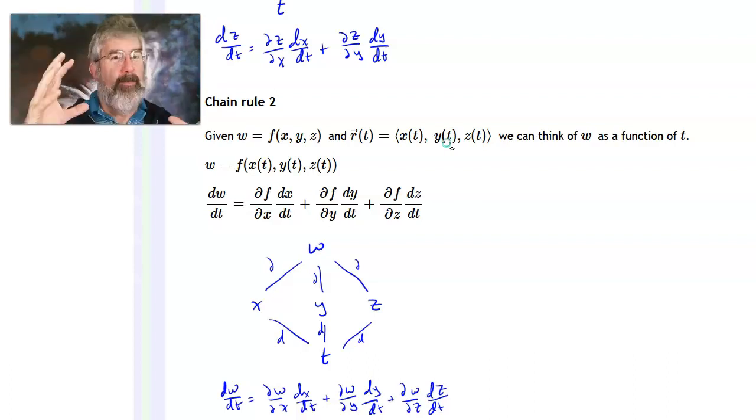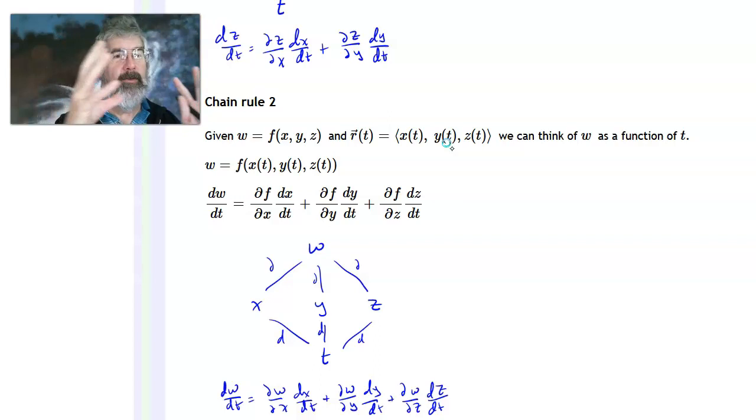This is a function of three variables, but being restricted to a curve in space, and then looking at how it's changing on that curve. And it's not just on that curve, it's going to matter how fast you're moving along that curve, right? It involves dx/dt, dy/dt, and dz/dt.